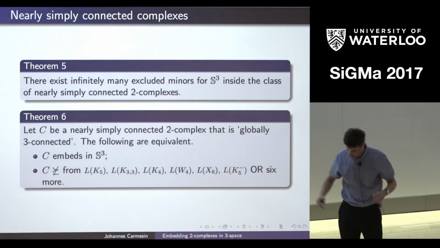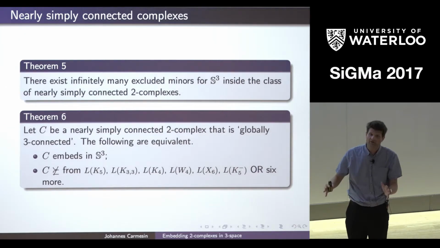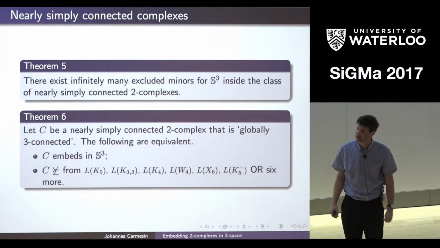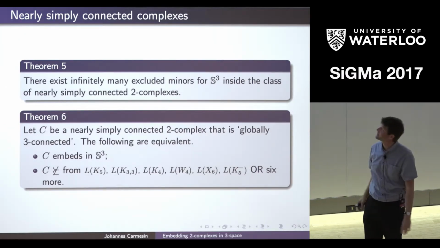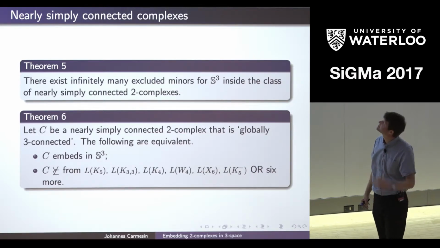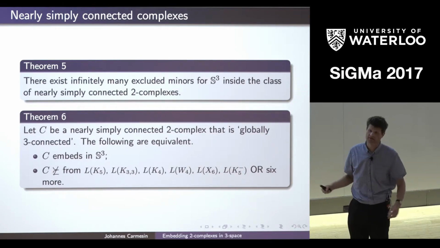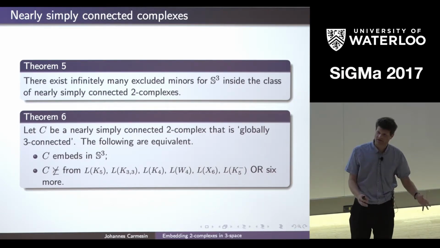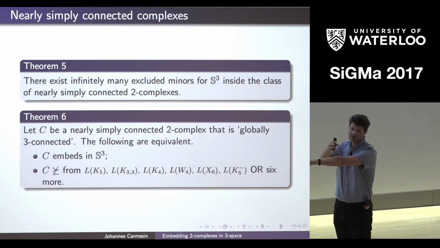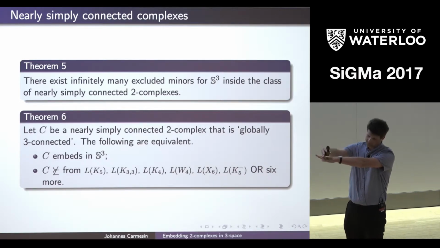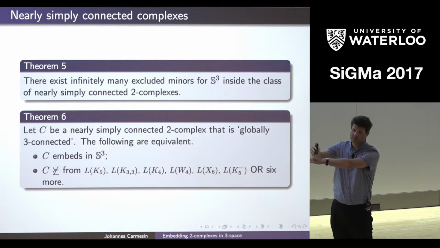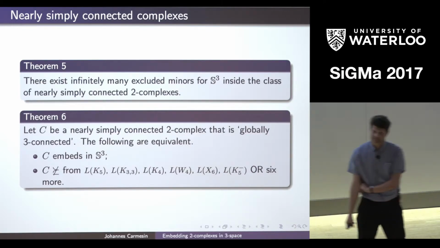On the other hand, if additionally you put a global 3-connectedness assumption on the 2-complex, then you have just finitely many excluded minors. If you have a nearly simply connected 2-complex that is globally 3-connected, then it's embeddable in 3-dimensional space if and only if you don't have all of these finitely many obstructions from before plus 6 more.